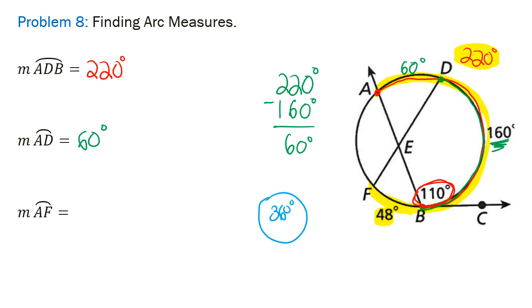So if 360 total is a circle, and we subtract away the 220, and then subtract away the 48, what's left over is the arc AF. So 360 minus 220 minus 48 is 92 degrees.